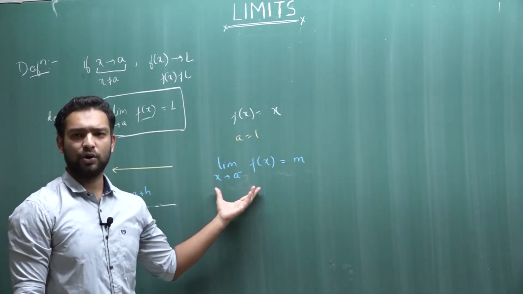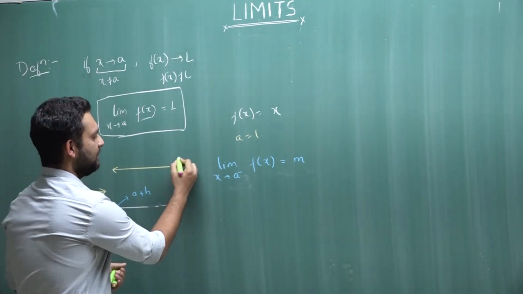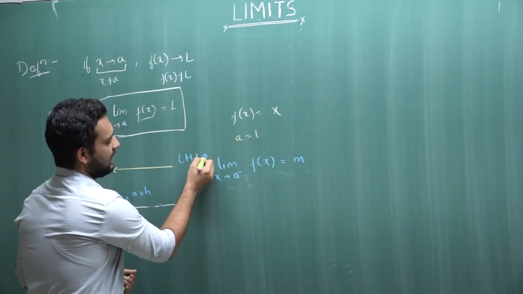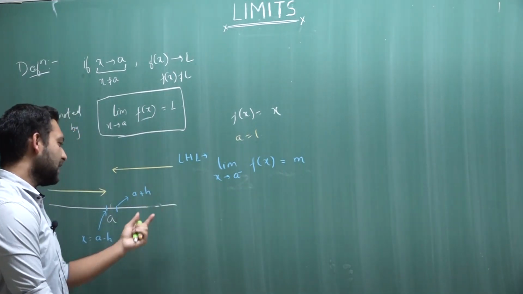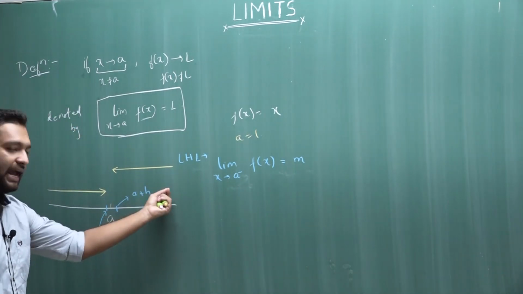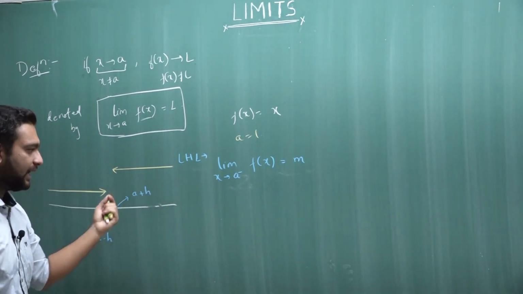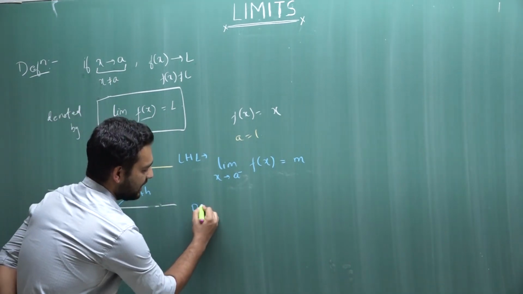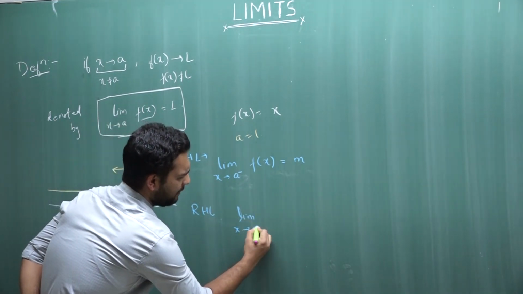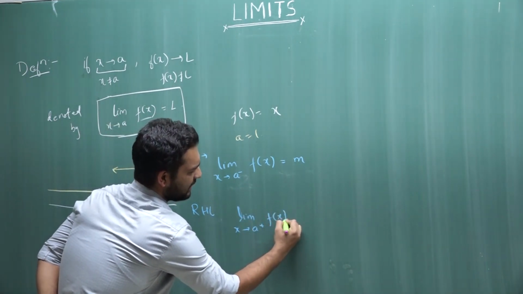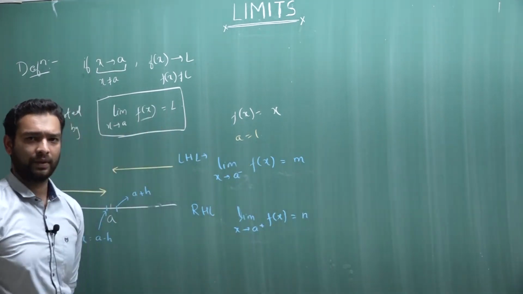Okay, this is known as your left hand limit. We call it left hand limit, in short form we'll write it as LHL. Again, we can tend to a from the right hand side also, right? So we denote it as right hand limit and we write it as limit x tending to a plus f of x. Let's say this value comes out as m.